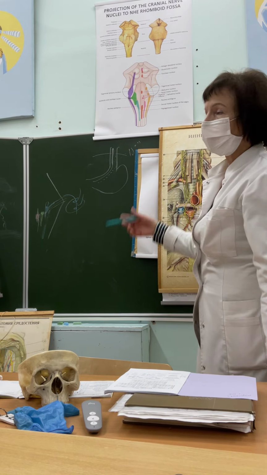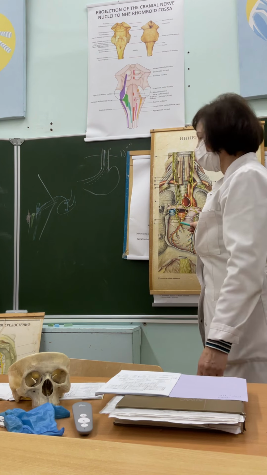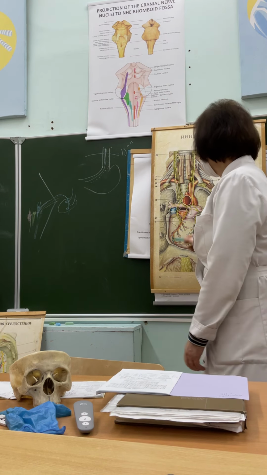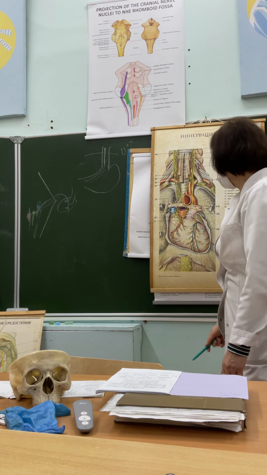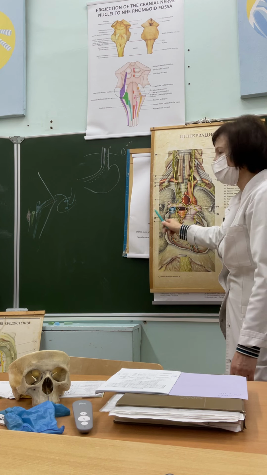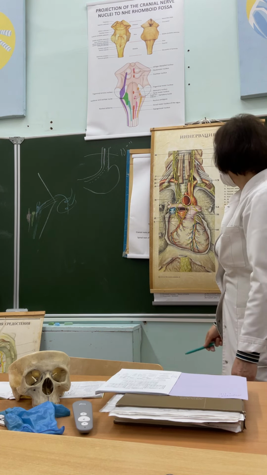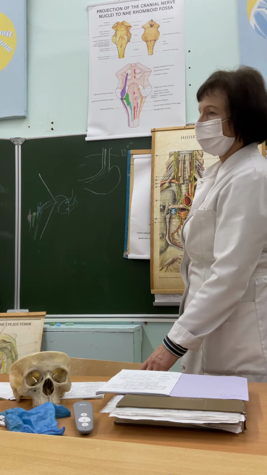Okay. Then we have branches for the organs in the thoracic cavity. Whatever organ we have, there are branches. There are thoracic cardiac nerves participating in the cardiac plexus. Then there are bronchial branches, which run along the bronchi to supply the bronchi and lungs. And then there are esophageal branches, which we already mentioned, which form the esophageal plexus.